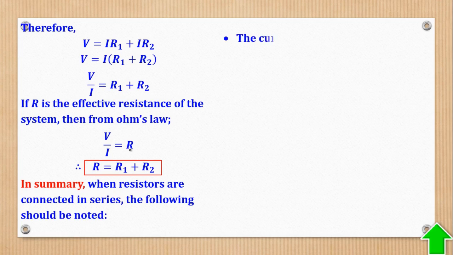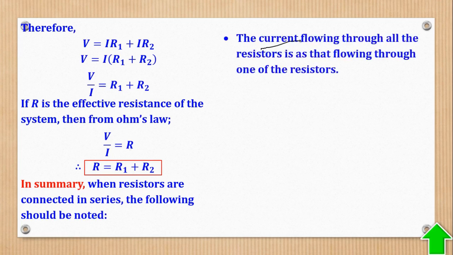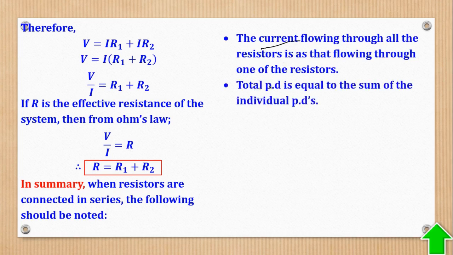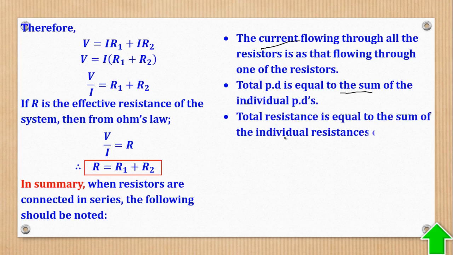So that implies that for series arrangement: 1, the current is the same through all the resistors; 2, the total PD is equal to the sum of the individual PDs; and 3, the total resistance is equal to the sum of the individual resistances.